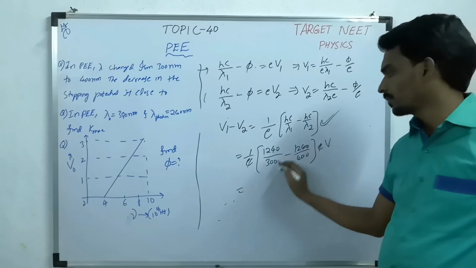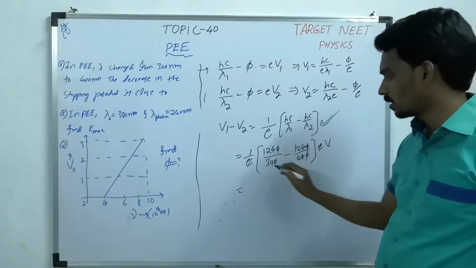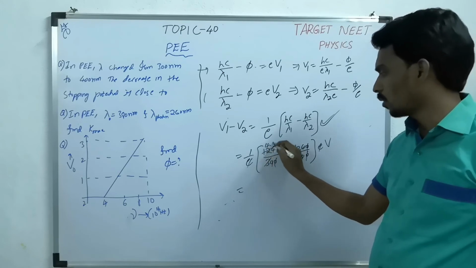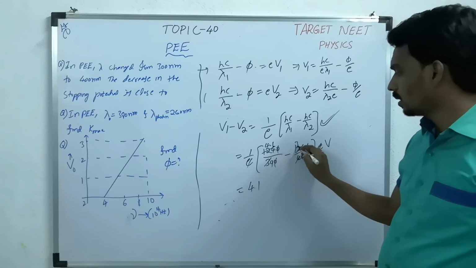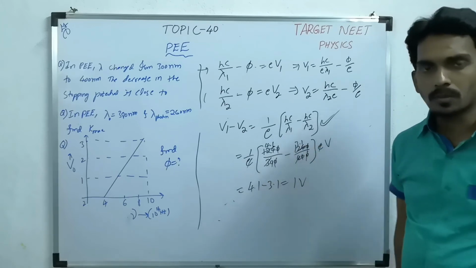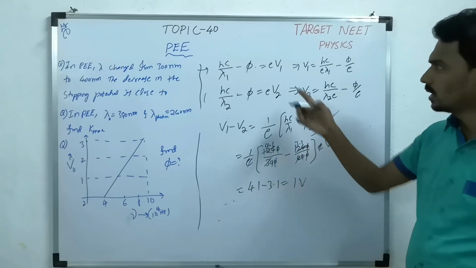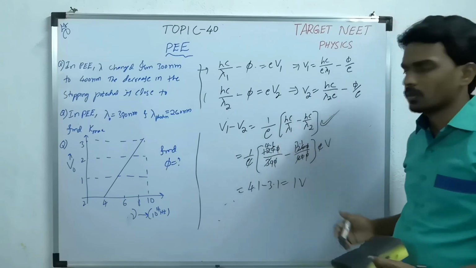So approximately 4.1 minus 3.1, so it is approximately equal to how much? 1 volt. So take the equation, understand the question, then solve it.